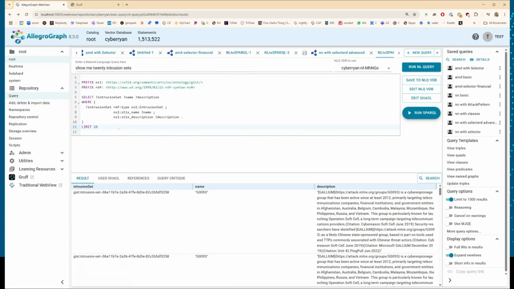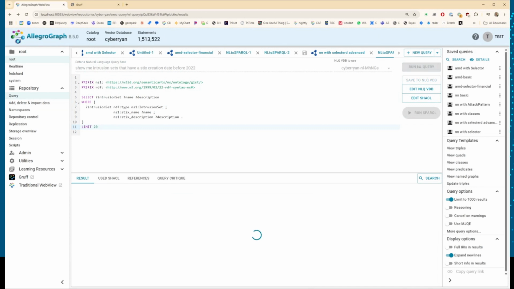Does it make sense? Or I can do something like, okay, show me intrusion sets that have a STIX creation date before 2022, right? And I run this as a query.